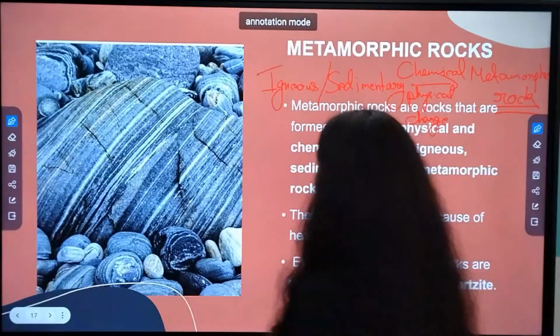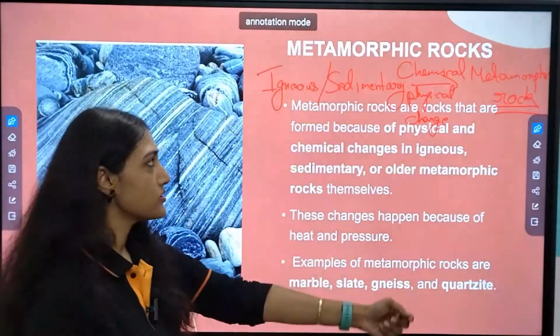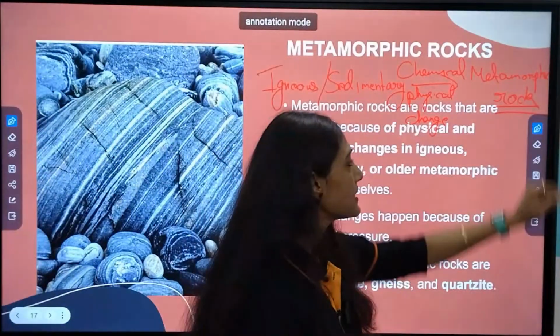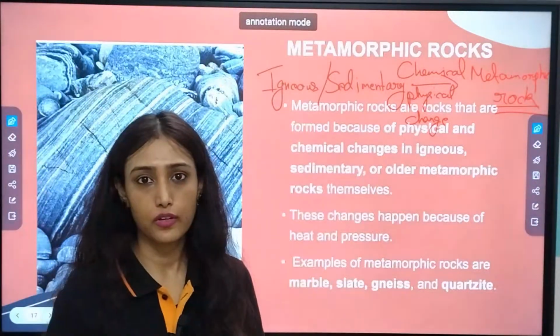Now, what does that mean, ma'am? Igneous or sedimentary rock is going through chemical and physical changes and forming metamorphic rock.